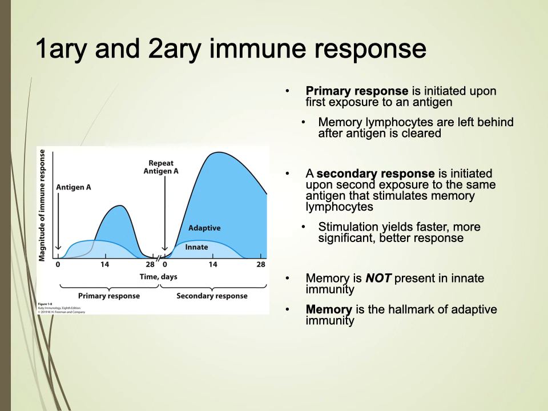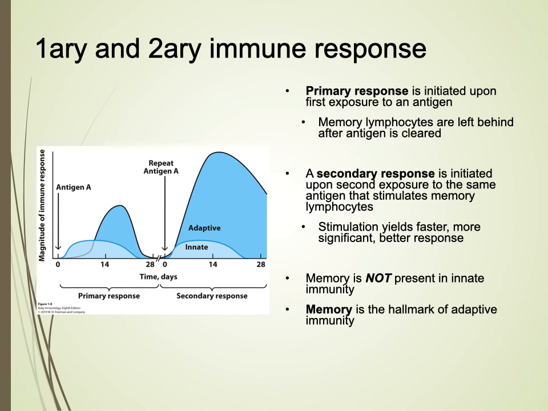For the adaptive, if we have a T cell or a B cell that has a good receptor and has seen antigen, like T cell 2 or lymphocyte 2 in the last figure, we want to keep some of those, because if we've seen this antigen once, there's a good chance we might see it again. We don't want to have to start from the beginning, because that takes time. We want to keep some of those around, and that's what memory is.